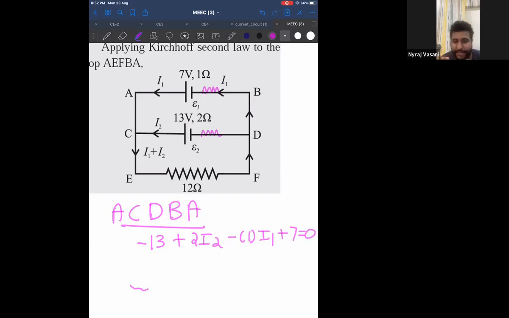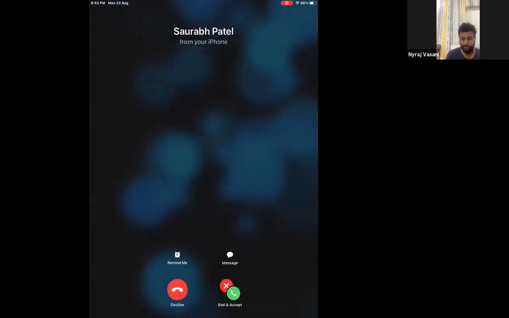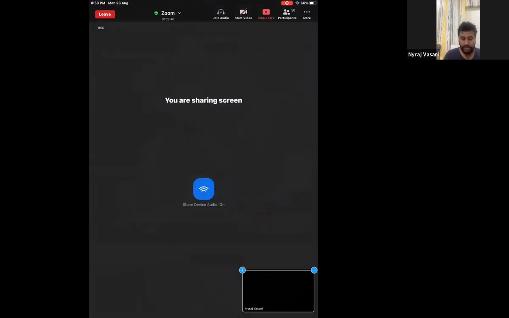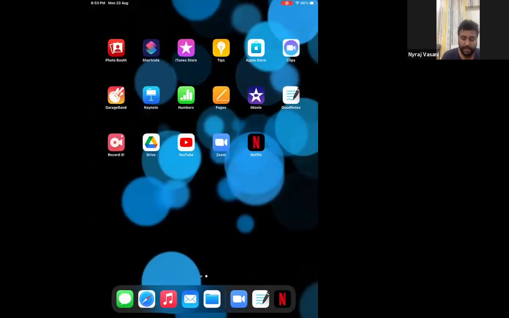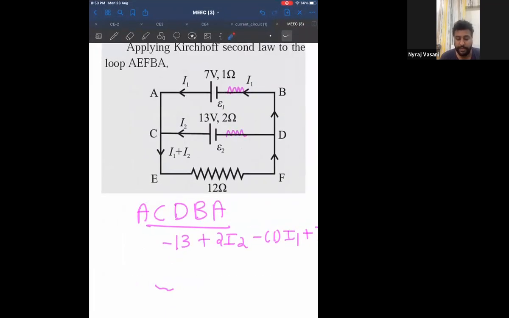Little tough, little easy. It's actually very easy. Do 2 or 3 problems, you'll understand. Once you finish writing the equation, make sure that every term is a voltage term.